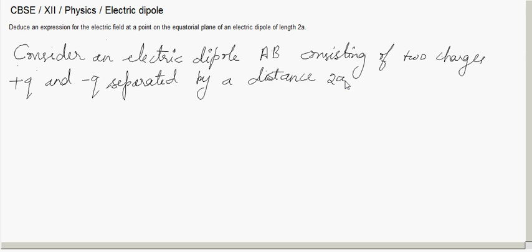We will consider a dipole, minus q, and then at the separation of 2a we have plus q. The distance between them is 2a.